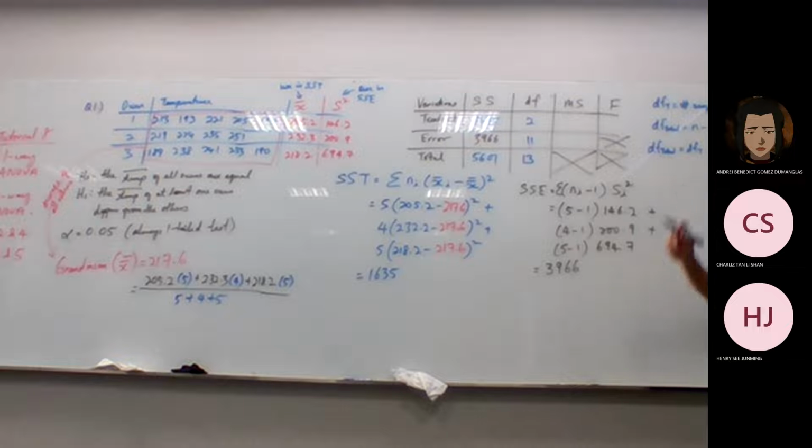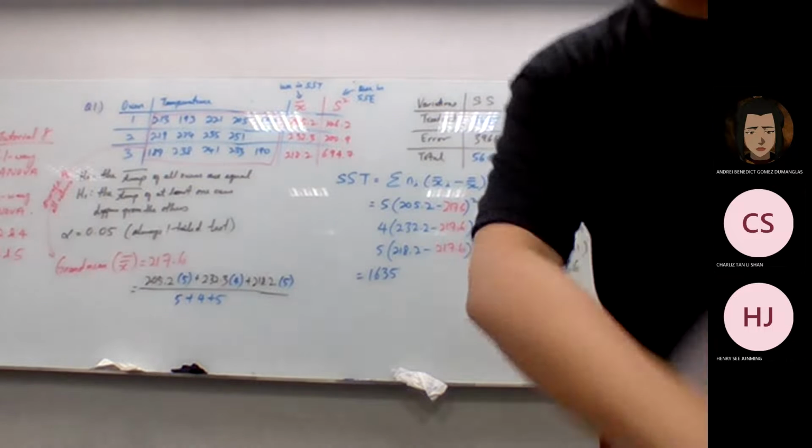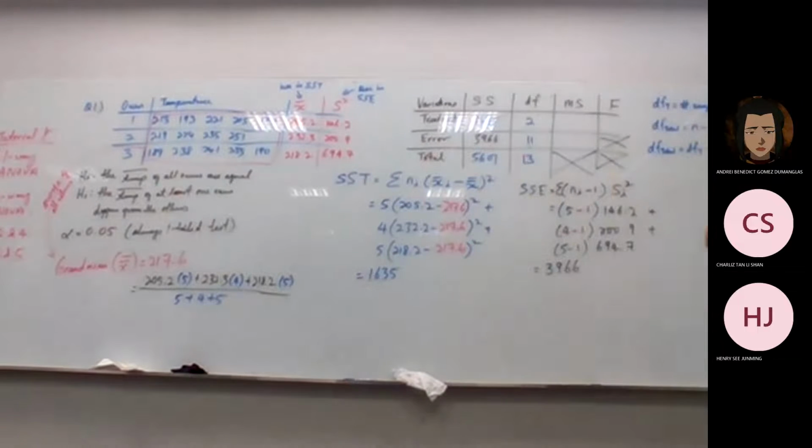After that, your mean sum of square is the same. Your mean sum of square for treatment is actually your sum of square for treatment divided by degrees of freedom for treatment.